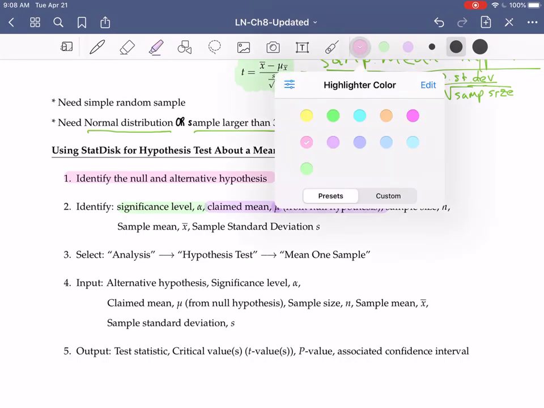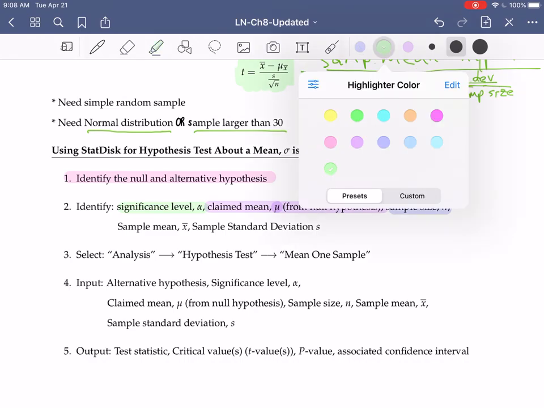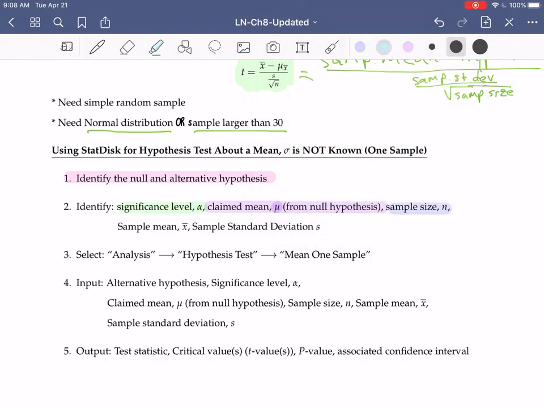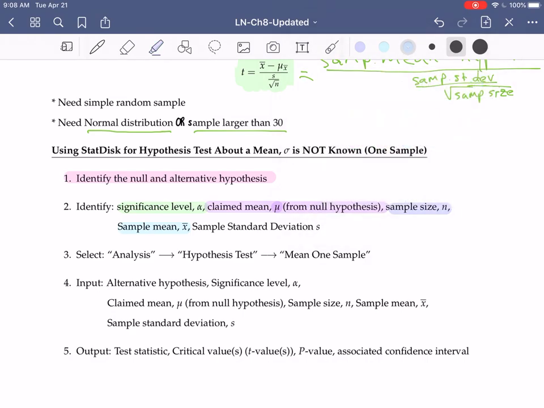We need to identify the sample size, the sample mean, and finally the sample standard deviation. So we identify those five different things.